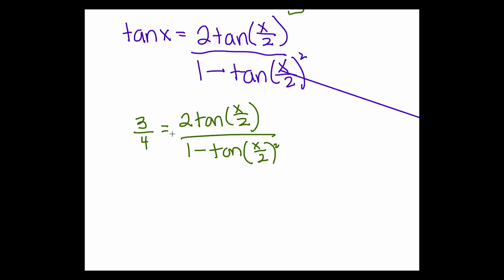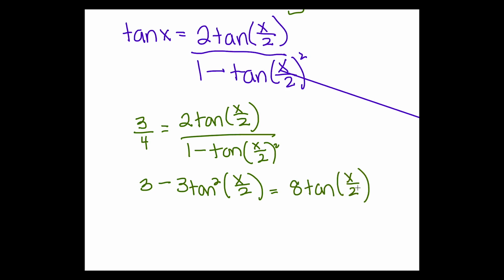And then cross multiply. 3 minus 3 tan squared x over 2 equals 8 tan x over 2.